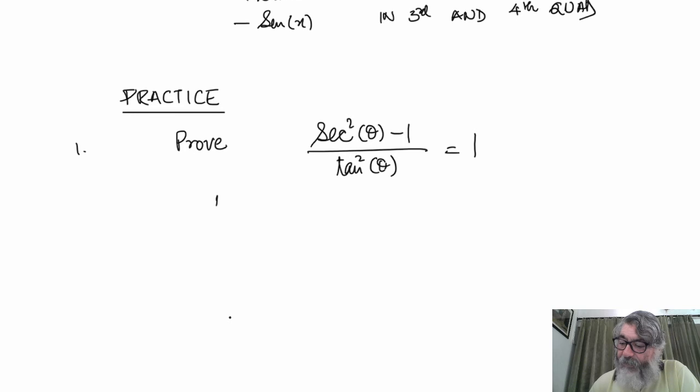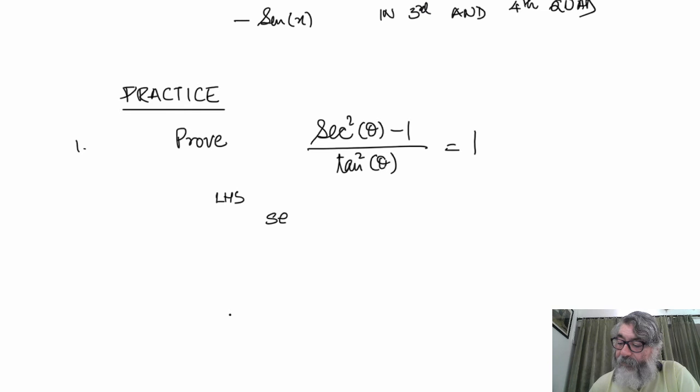We know sec square theta minus tan square theta is equal to 1. So sec square theta minus 1 will be equal to tan square theta.